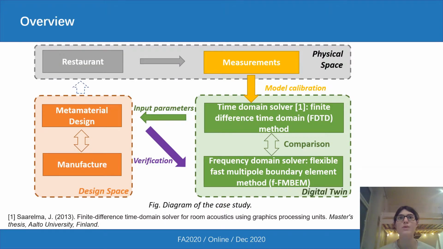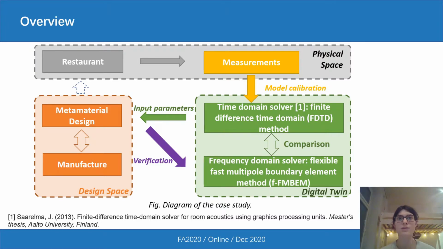Here is how this work was decomposed. First, based on the data extracted from in-situ acoustical measurements, a digital twin of the space was created using numerical simulations. Numerical simulations involve two different solvers, one using the fast multiple boundary element method and another using the finite difference time domain method. Those two solvers were used to verify each other on the simulation results first.